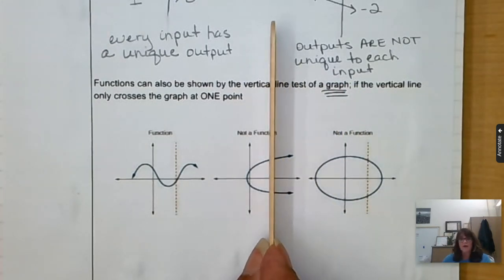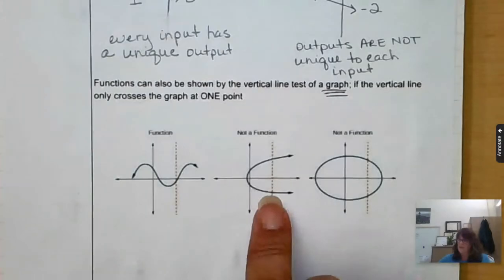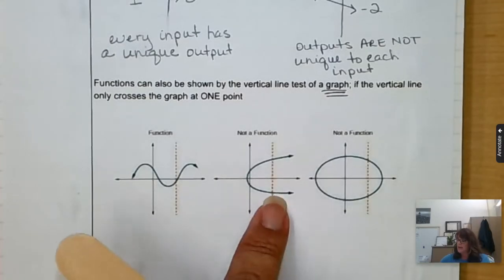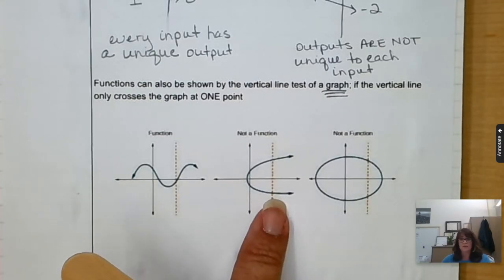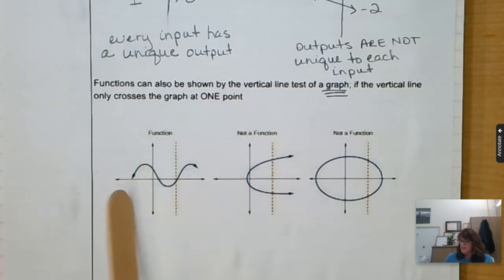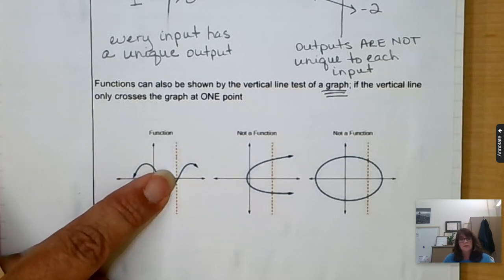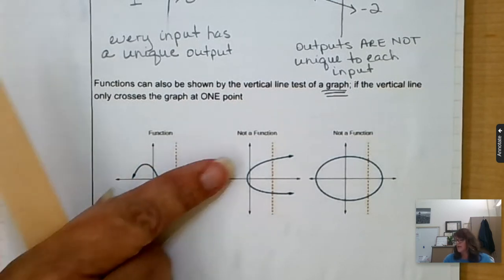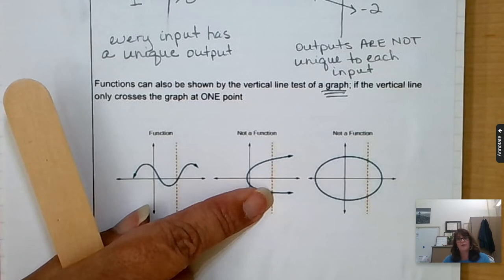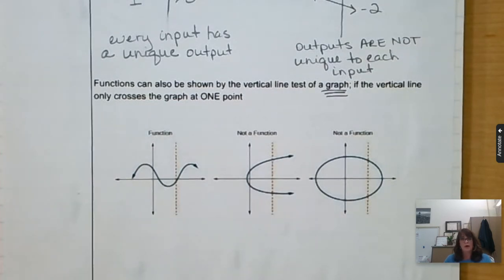If, like here, it touches 2 spots on the line or more, it is not a function. So it doesn't matter what the shape is. It can have curves. It can be straight. If it only touches one spot, it's a function. If it touches multiple spots on the graph, it is not a function. And that is a really good rule for when we have a shape.